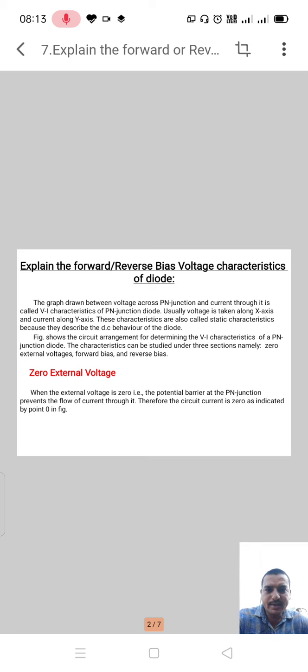Usually voltage is taken along x-axis and current along y-axis. These characteristics are also called static characteristics because they describe the DC behavior of the diode.